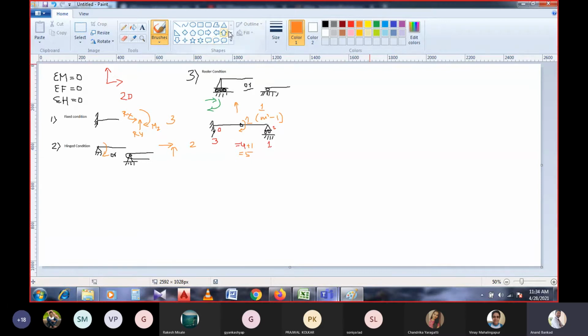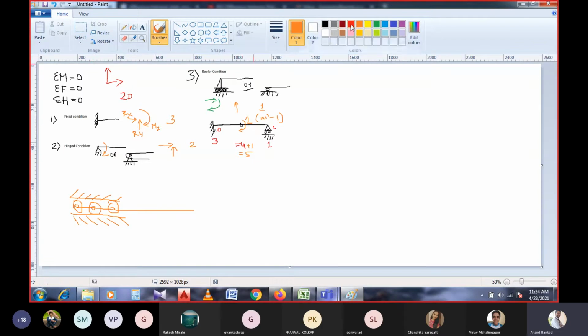And again, if you have different kinds of combinations of supports, for example, that is another case, right, like this. The beam will be having it in this manner.